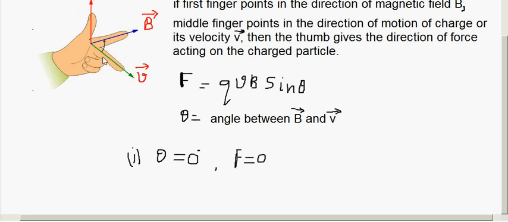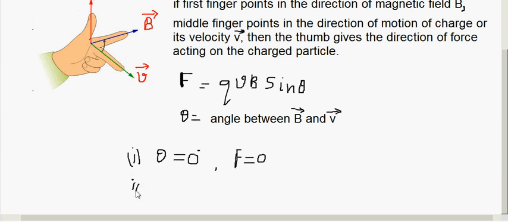I can say if the charged particle is moving in the direction parallel or anti-parallel to the magnetic field, like theta can be 0 or theta can be 180 degree, then there is no force experienced on the charge, force is 0.